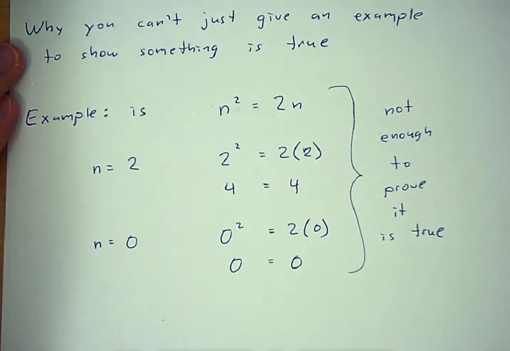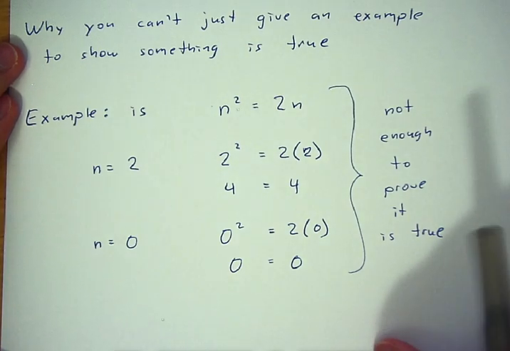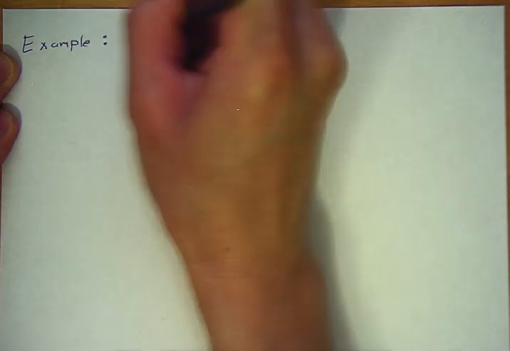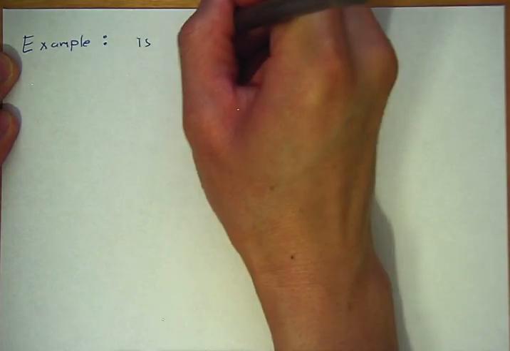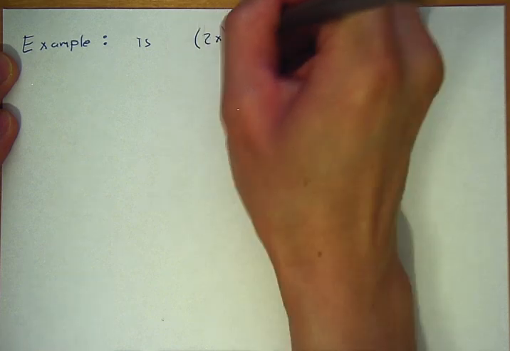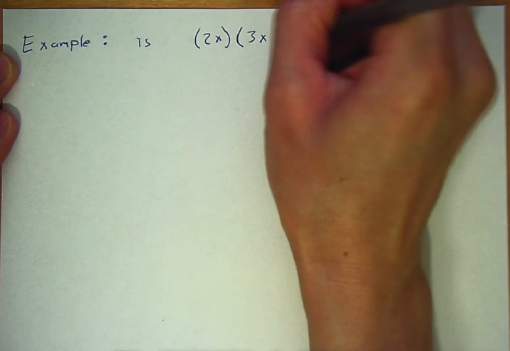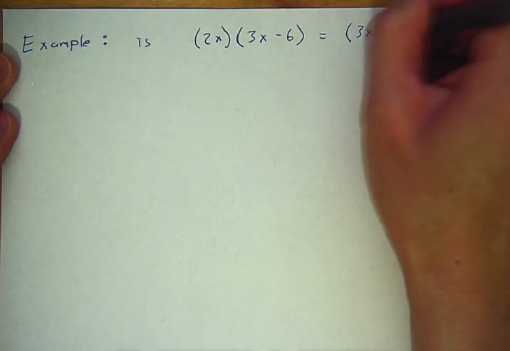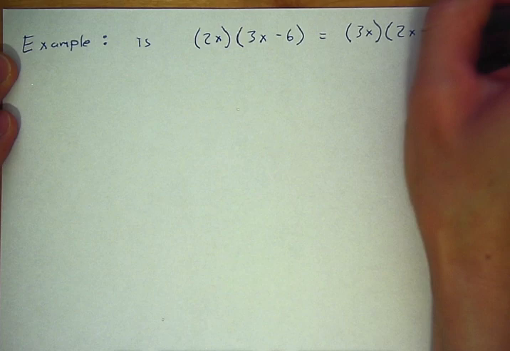Pause the video here, take whatever notes you would like. If you wanted to prove something is true, you'd have to actually do the math manipulation. For example, if you were asked, is 2x times 3x minus 6 equal to 3x times 2x minus 4?